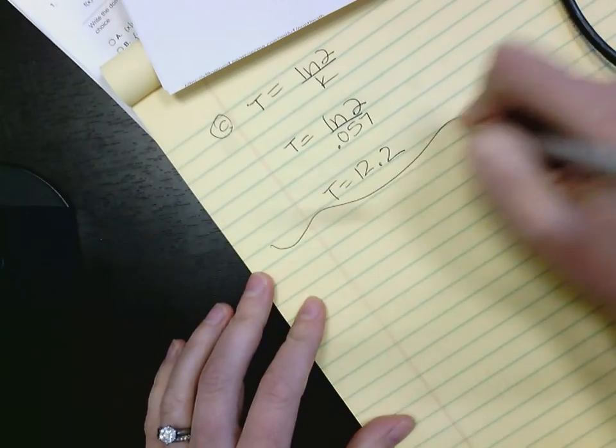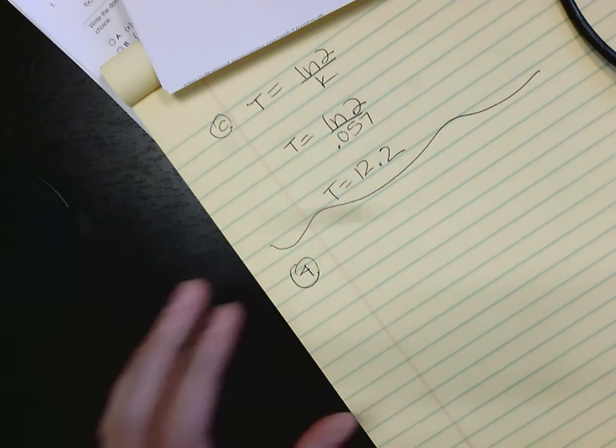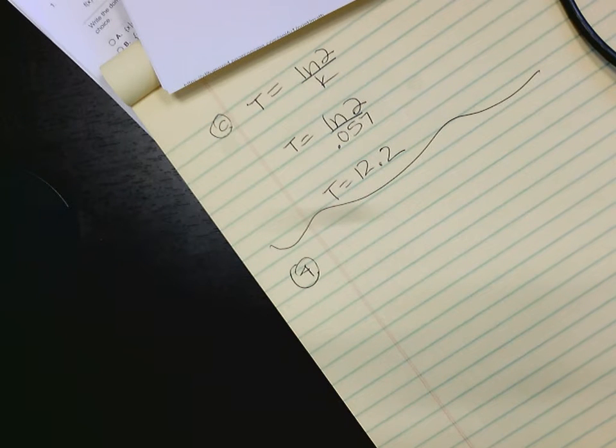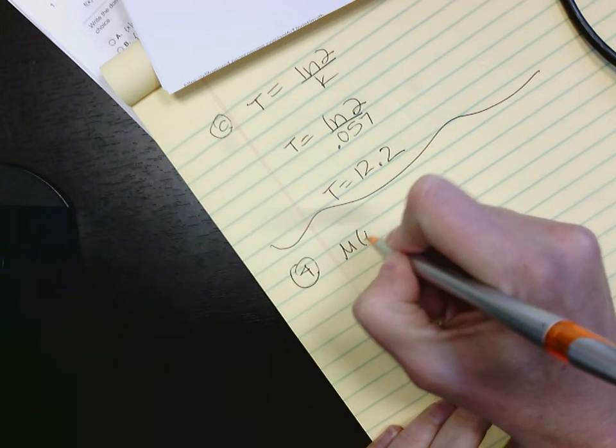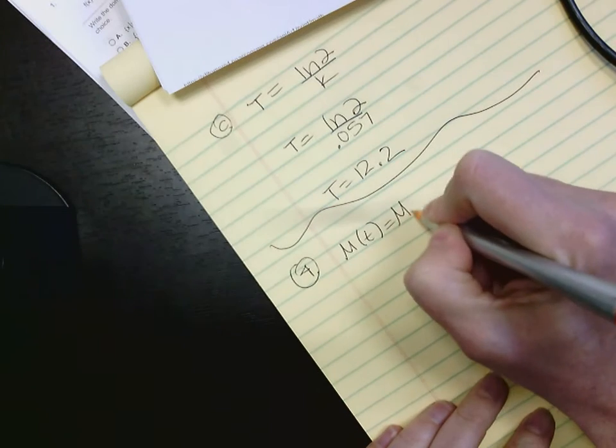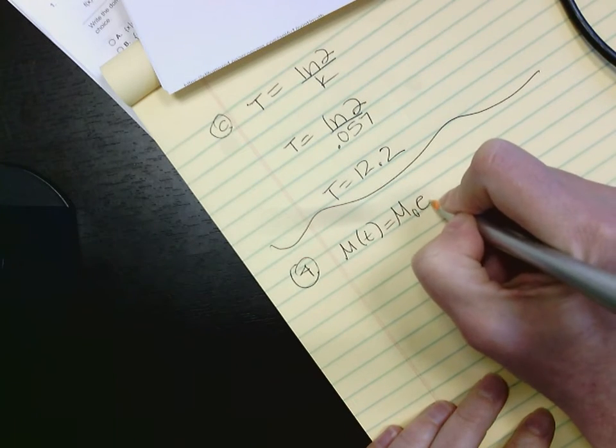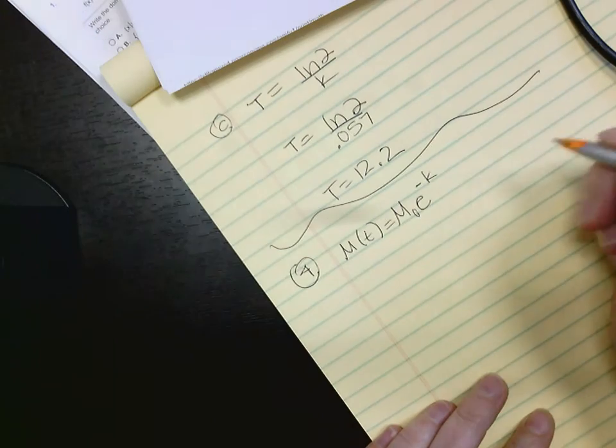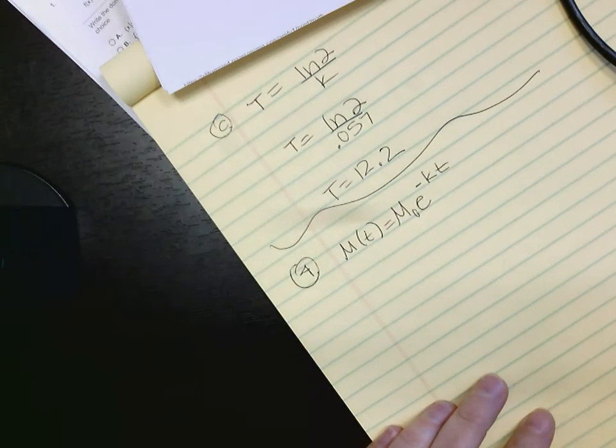All right, number 4. Now, number 4 is when we got into the exponential decay. So the formula for that is very similar to the exponential growth function. It's just going to be m of t is m0 e to the negative, whatever the k is, times t.